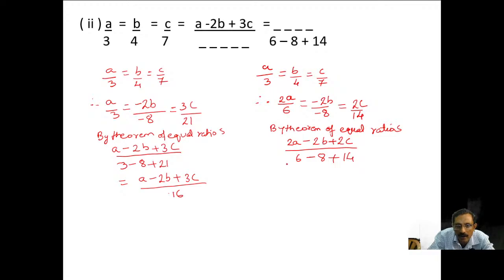We need not do anything to this because we already have it here. What we wanted is this. So we can write 2a minus 2b plus 2c. Okay?